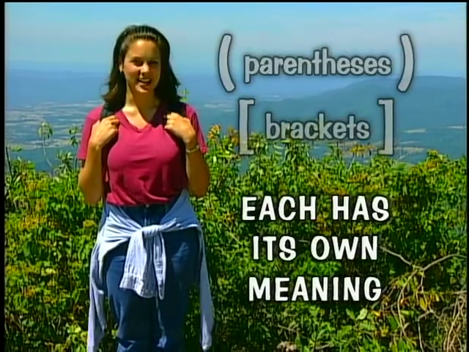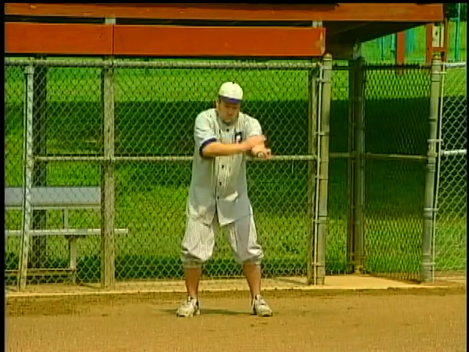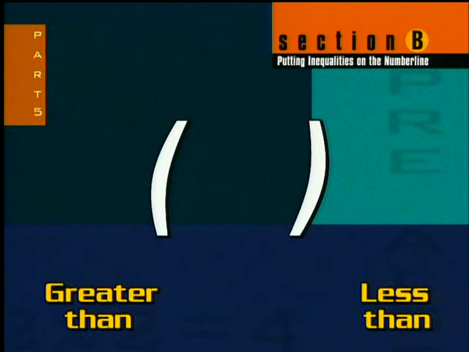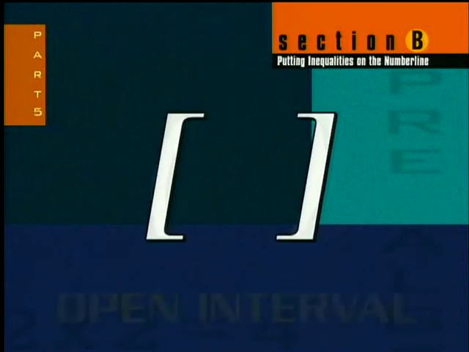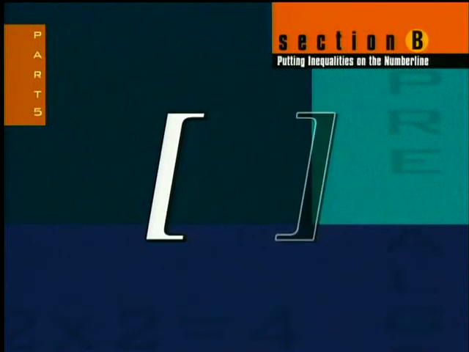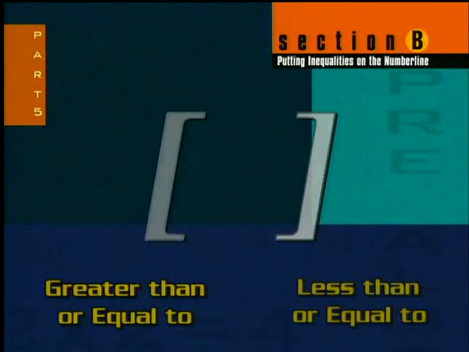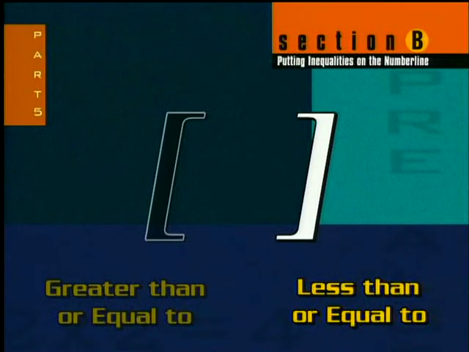Each has its own meaning. Kind of like signs in baseball. With intervals, the left parentheses means greater than, and the right parentheses means less than. This is called an open interval. If we've got brackets, the left bracket means greater than or equal to, and the right bracket means less than or equal to. This is called a closed interval.